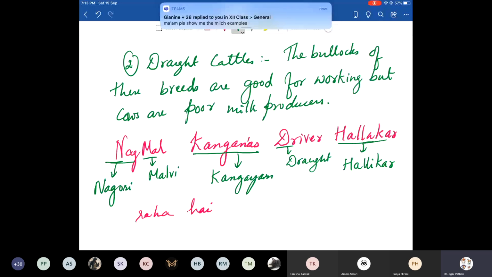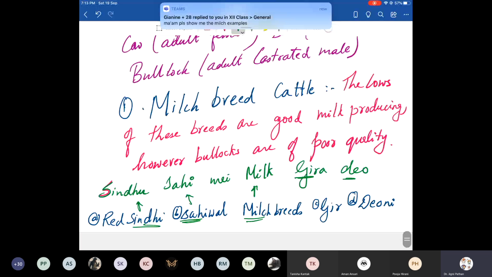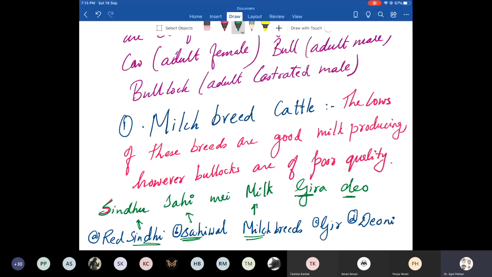Milch examples are here. Can you see the milch examples? Done?